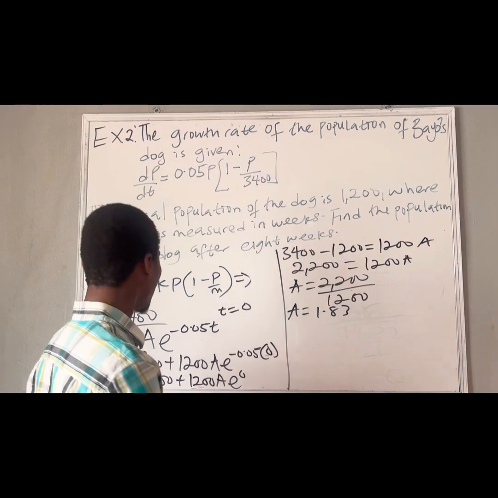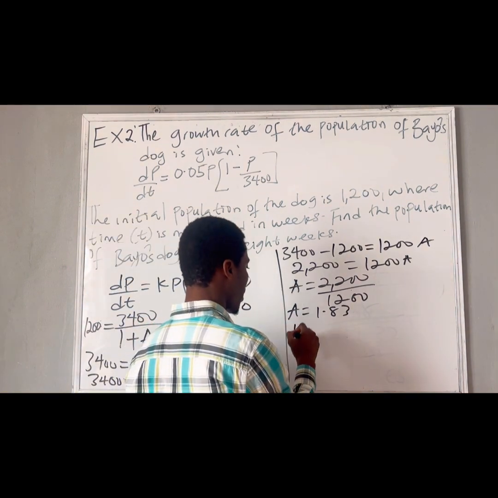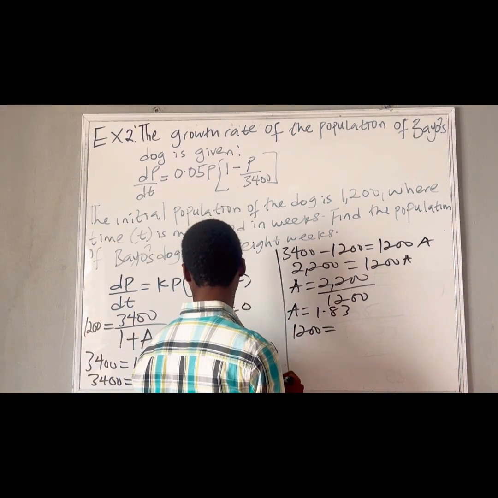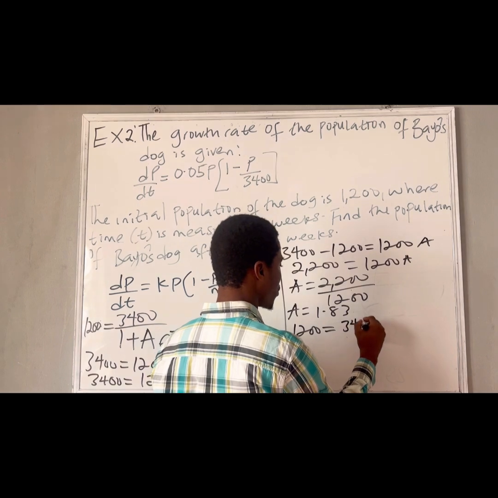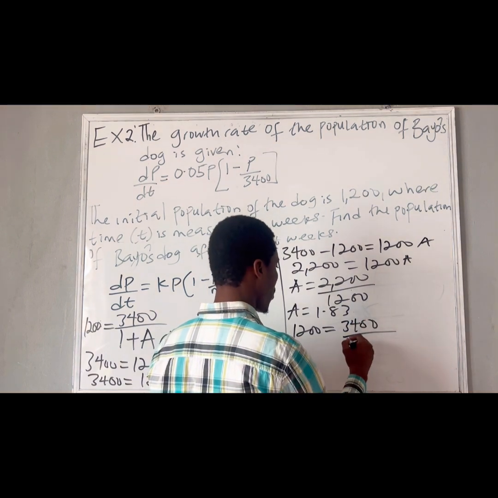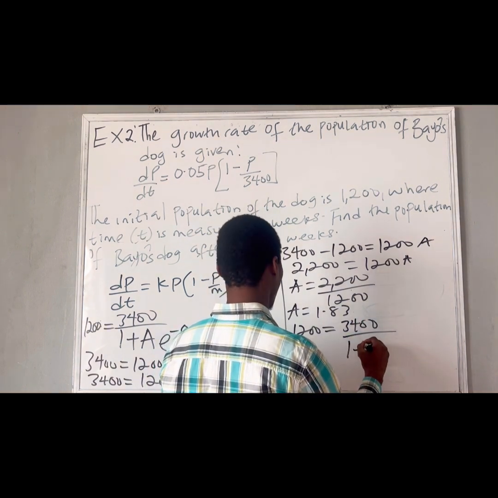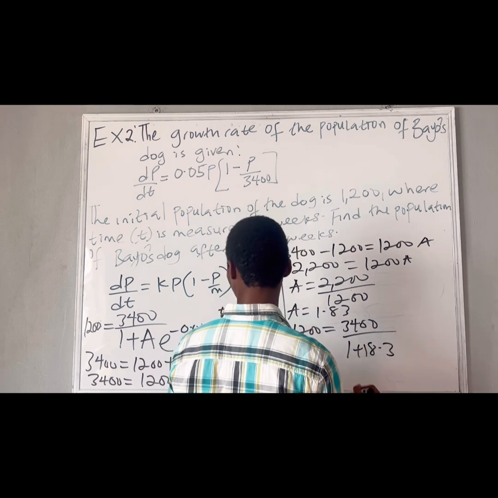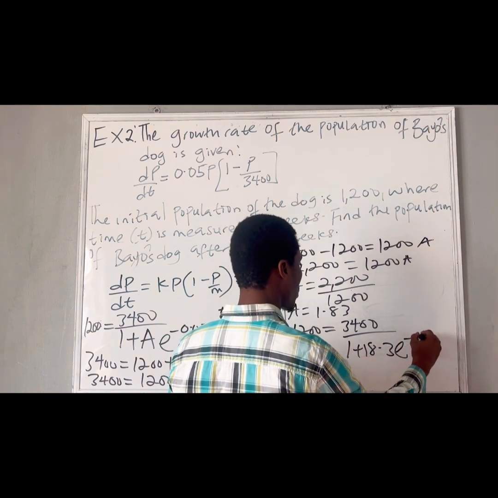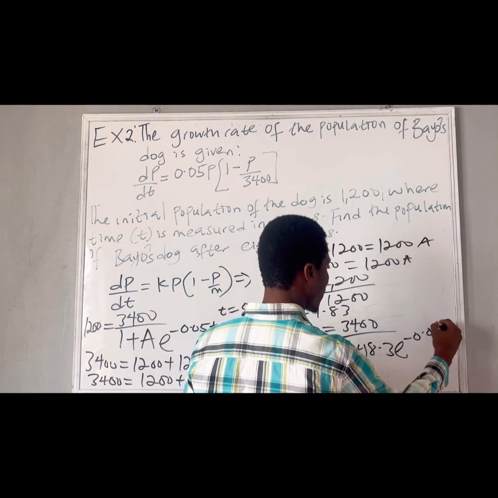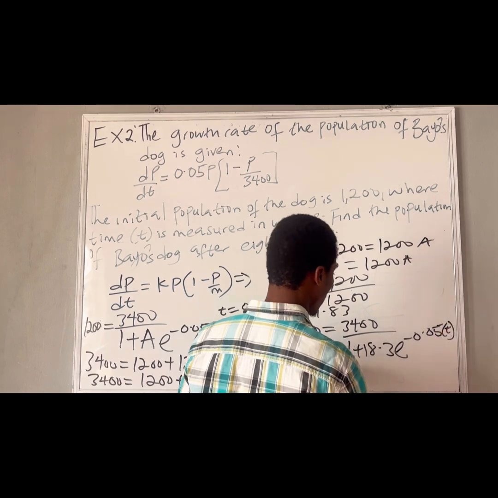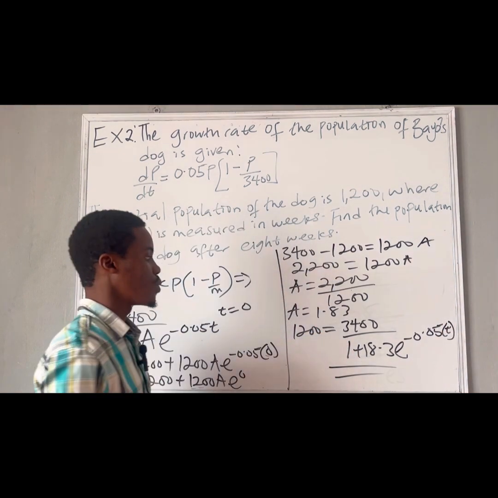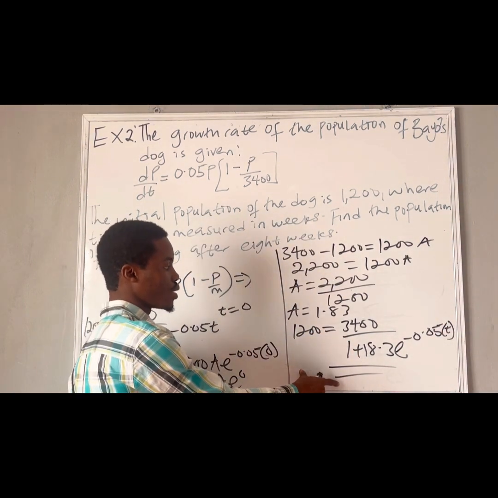From now we can generate that 1,200 is equal to 3,400 all over 1 plus 1.83 e to the minus 0.05 t. So in this case we have gotten this.